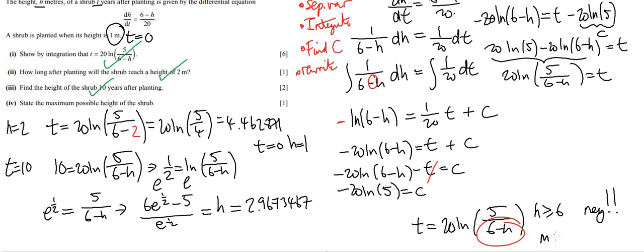So the maximum is 6. It can be 5.99, 5.999999, whatever it is, but it can't be 6. So we put the maximum height as 6 meters. Easy.